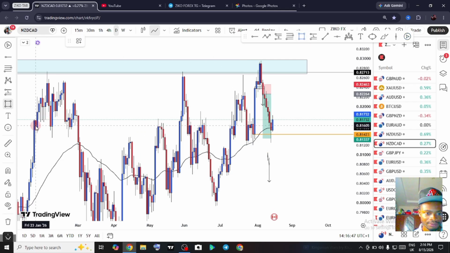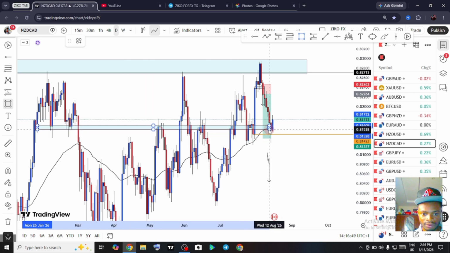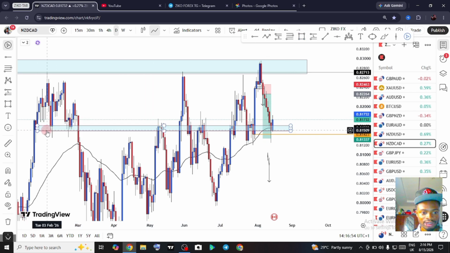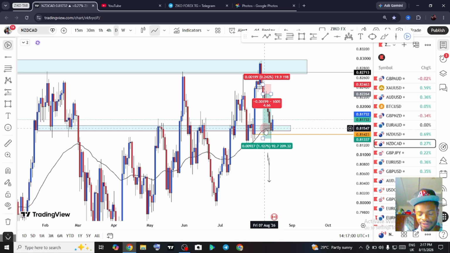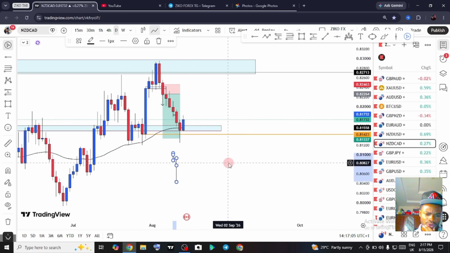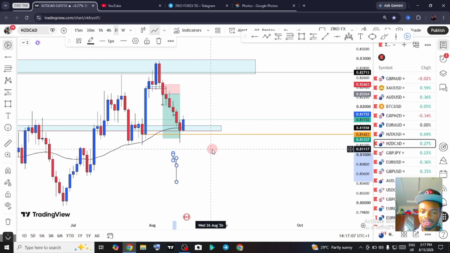That's another reason why we actually took profit. Multiple reactions from that same area, and that's why price came to that area and actually reacted, right? Anyways, right now I don't know, but I still generally believe that this market will sell.